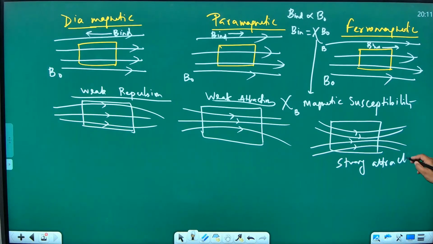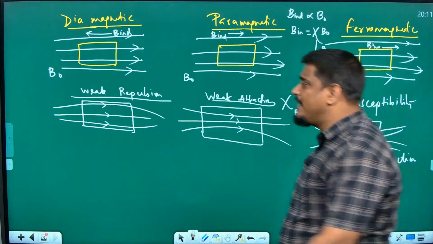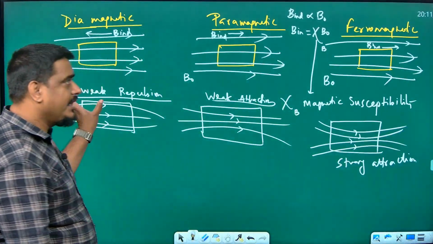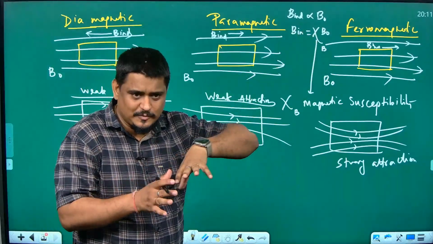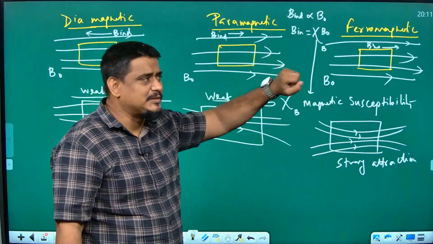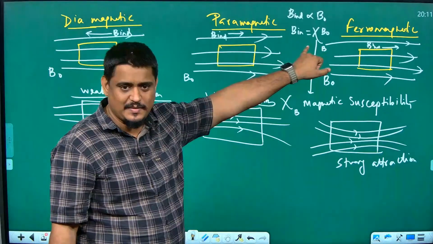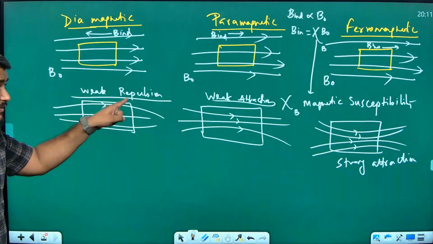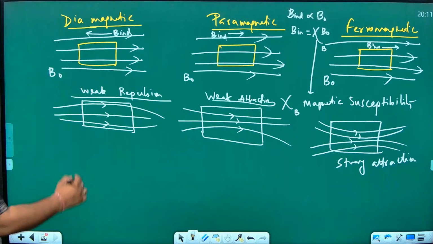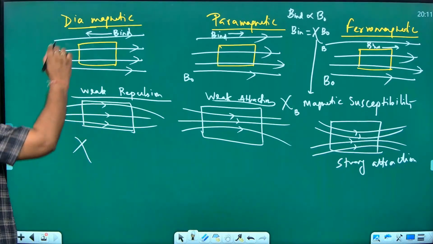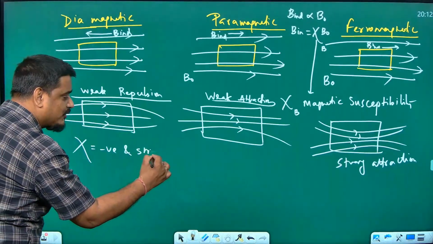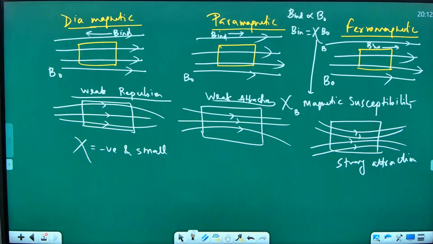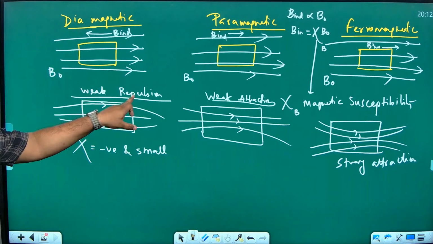Now you think and tell me mathematically, if it is weak, it means the induced magnetic field is going to be small. And how is it possible? If the chi value is small. And since it is going to be repulsive, it will be negative. So I will write that chi for a diamagnetic substance will be negative and small. Small because weak, negative because repelling.